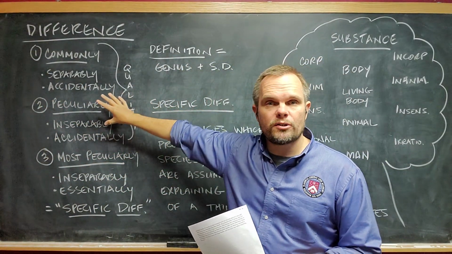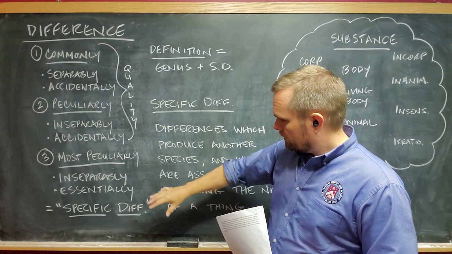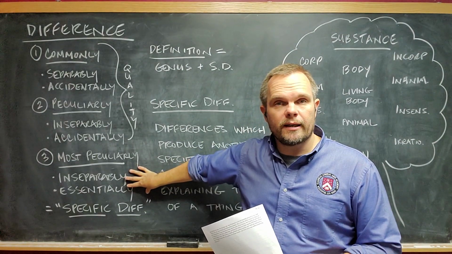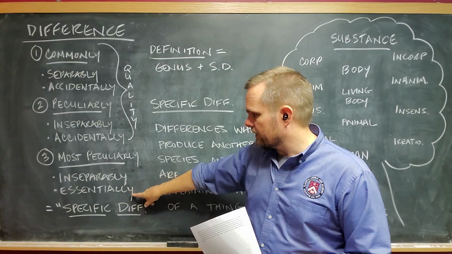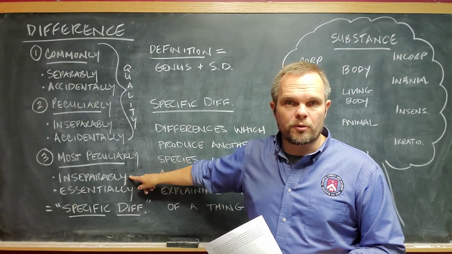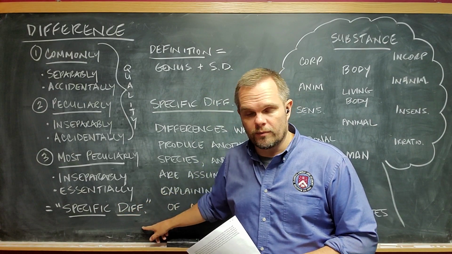Okay? These first two kinds of differences have to do with qualities. They answer the question, what kind of thing is this? Difference leads us to the answer to the question, what is this? It's an essential and inseparable difference. It's a specific difference. Okay?